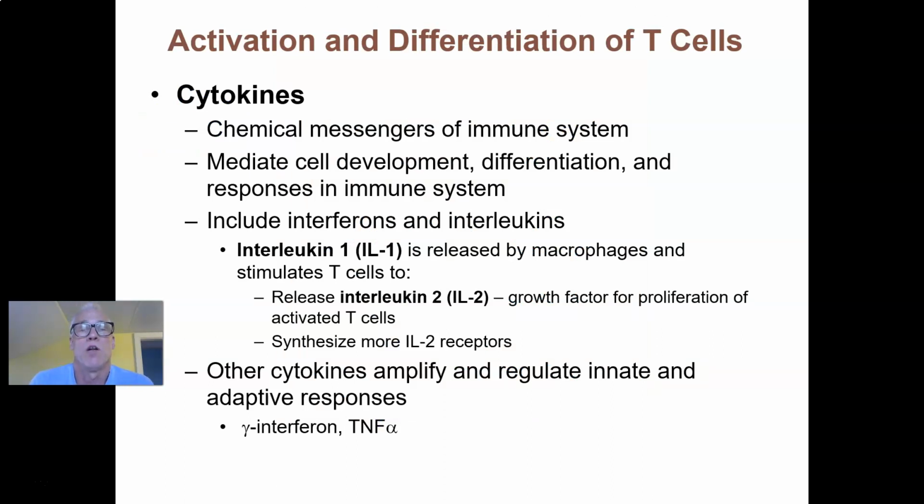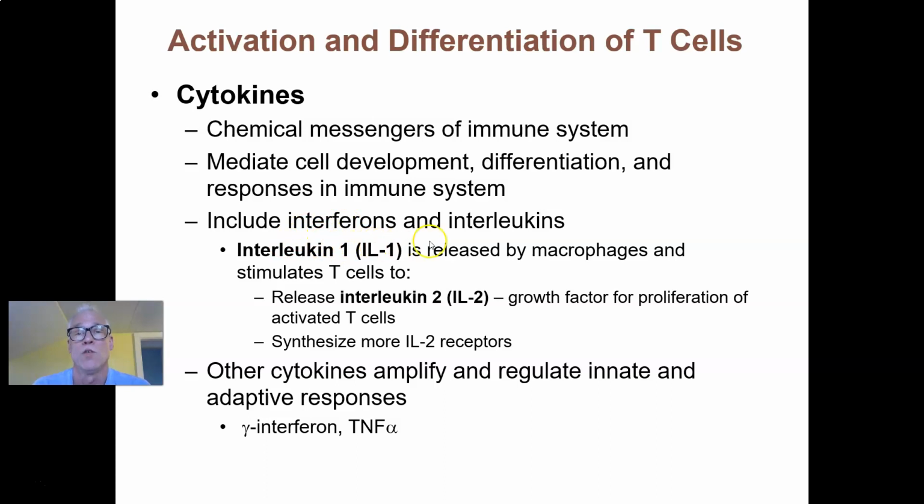So cytokines are going to be produced by the helper T cell once it becomes an effector cell. That's one of its main missions, to produce cytokines, signaling chemicals that can talk to other cells of the immune system. So let's just look at a couple of cytokines. Cytokines are interleukins and interferons.